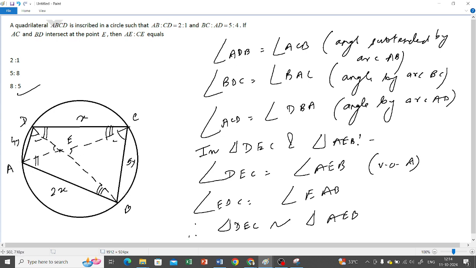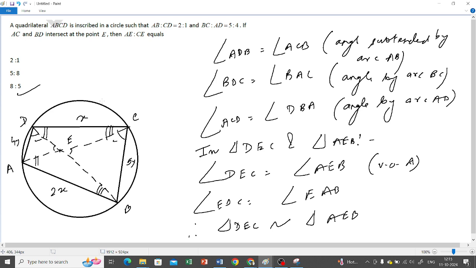So you see here there are certain pairs of angles which are equal. Angle ADB is equal to angle ACB, because angles subtended by the same arc AB. Angle BDC is equal to BAC, angle subtended by the arc BC. বুঝতে পেরেছো এই দুটো লাইন? হ্যাঁ স্যার। আচ্ছা এবার দেখো, ACD আর DBA এই দুটো ইকুয়াল কেন? অ্যাঙ্গেল বাই দ্য আর্ক AD। Which property of circle are we using?